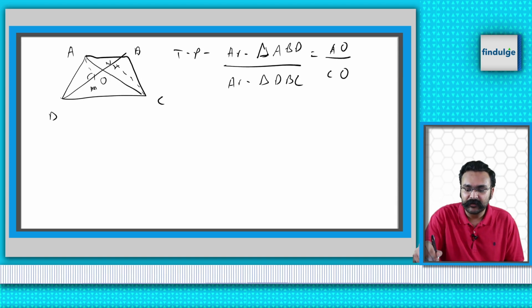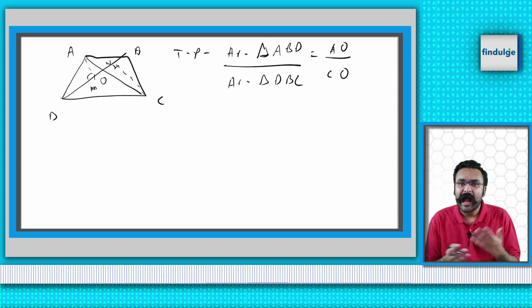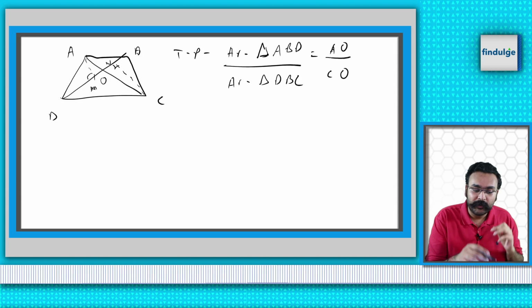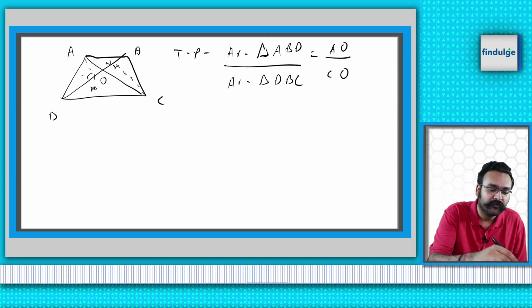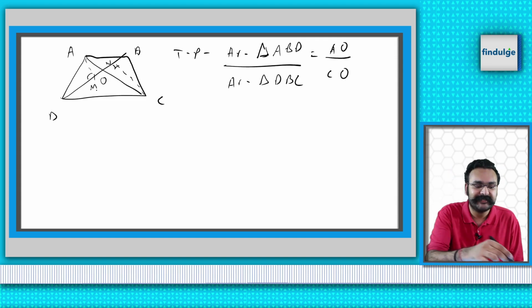So you might be wondering, why is it that I said we will not use the square formula? Because if we see here, it's not a square. And if it's not a square, how will the square formula work? Which is why what we do in this question is we drop a perpendicular from A to BD, let it be AM, and from C to BD, let it be CN.